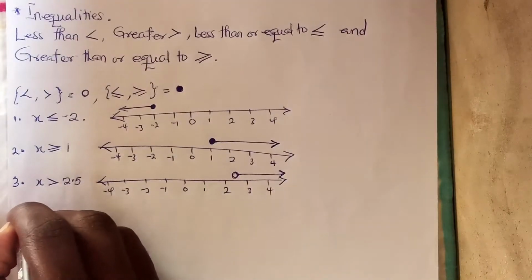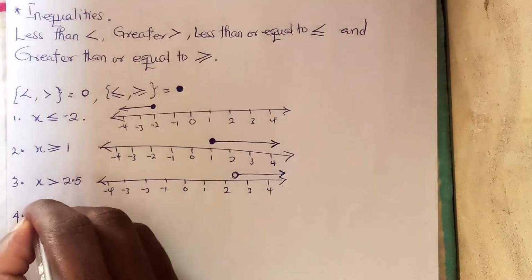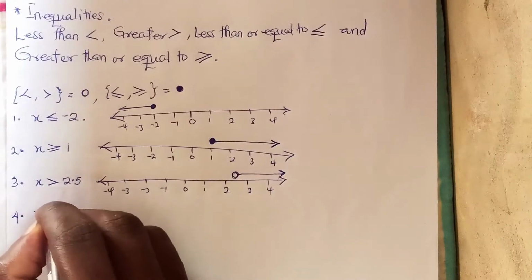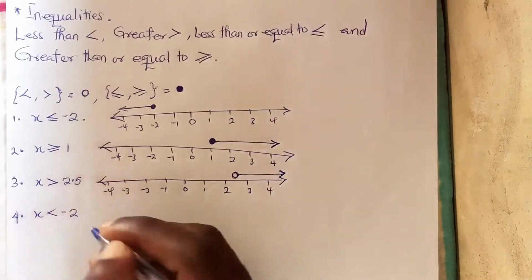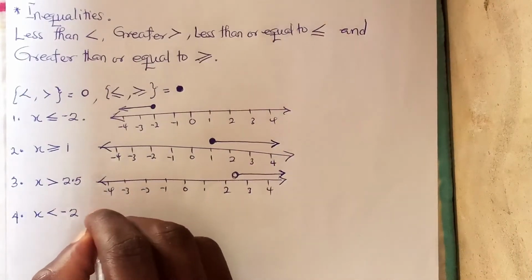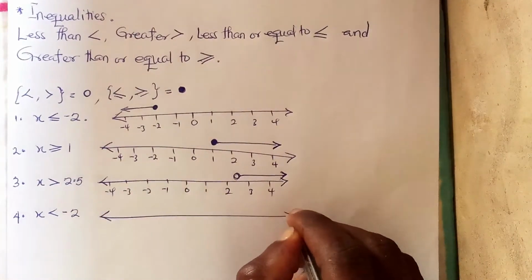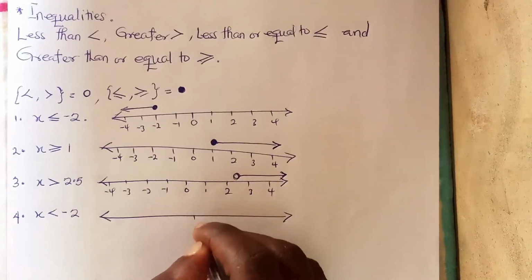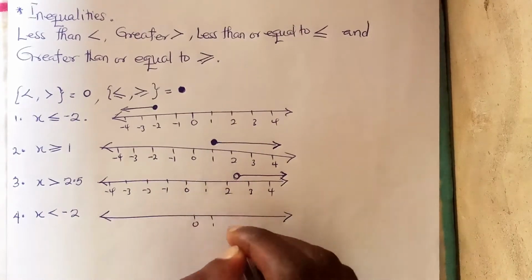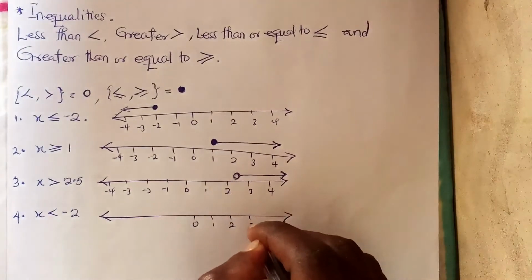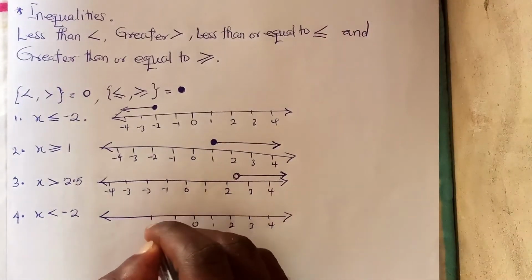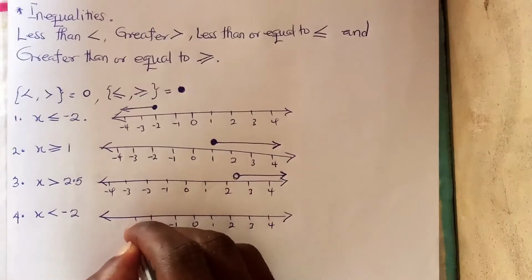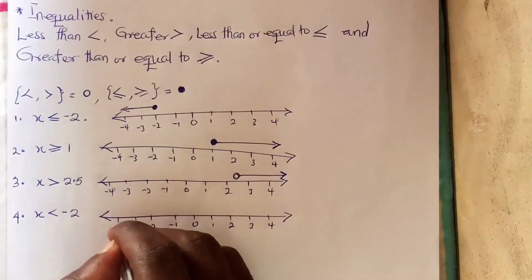Example 4. You have x is less than minus 2. A number line: 0, 1, 2, 3, 4, minus 1, minus 2, minus 3, and minus 4.